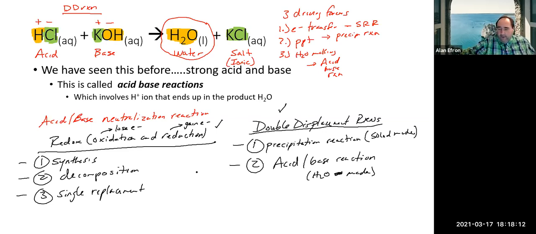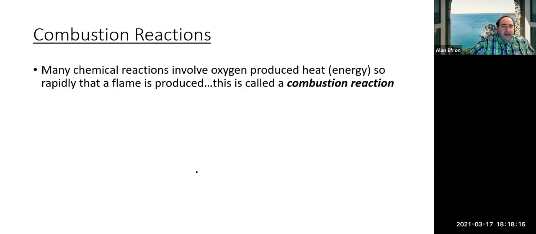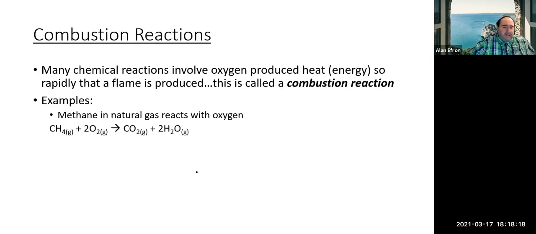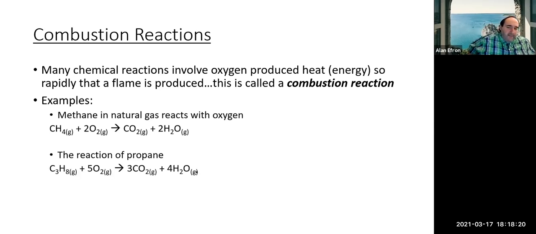We do have one more classification that we could add to the list, and this is a combustion reaction. A combustion reaction most of the time will involve oxygen and produce heat in a flame, especially when you're doing an organic combustion reaction.